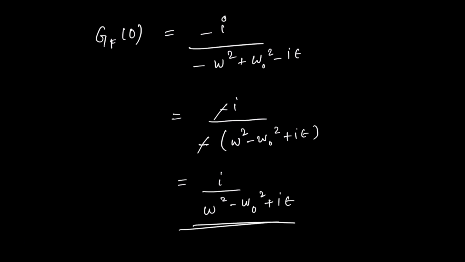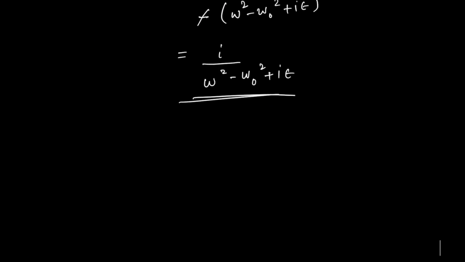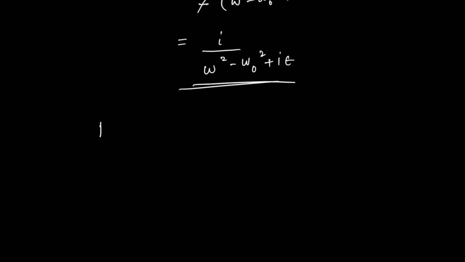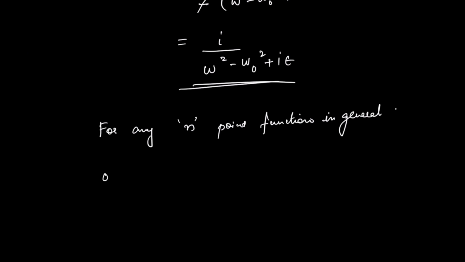From the 1 point and 2 point functions, we can conclude that for any n point function in general, odd n gives Gn equal to 0, which we have seen.